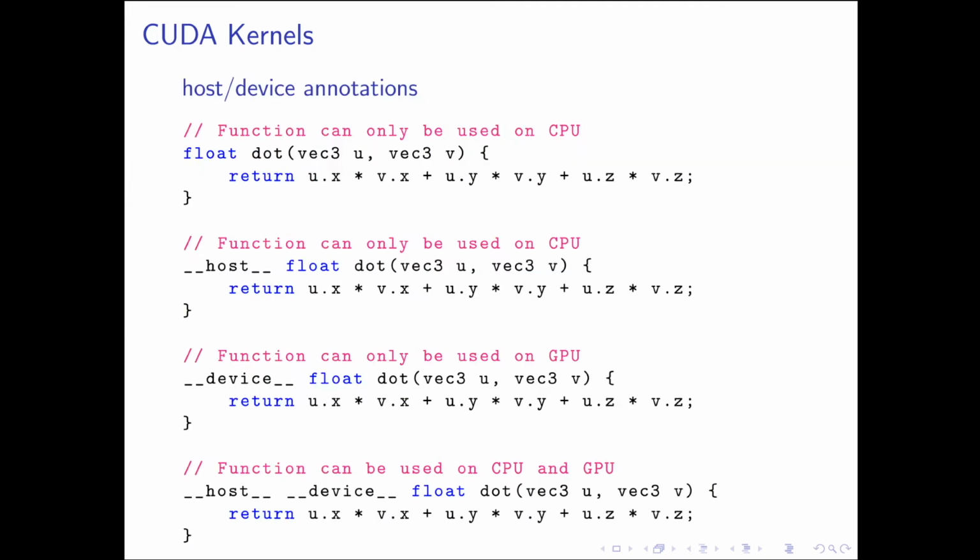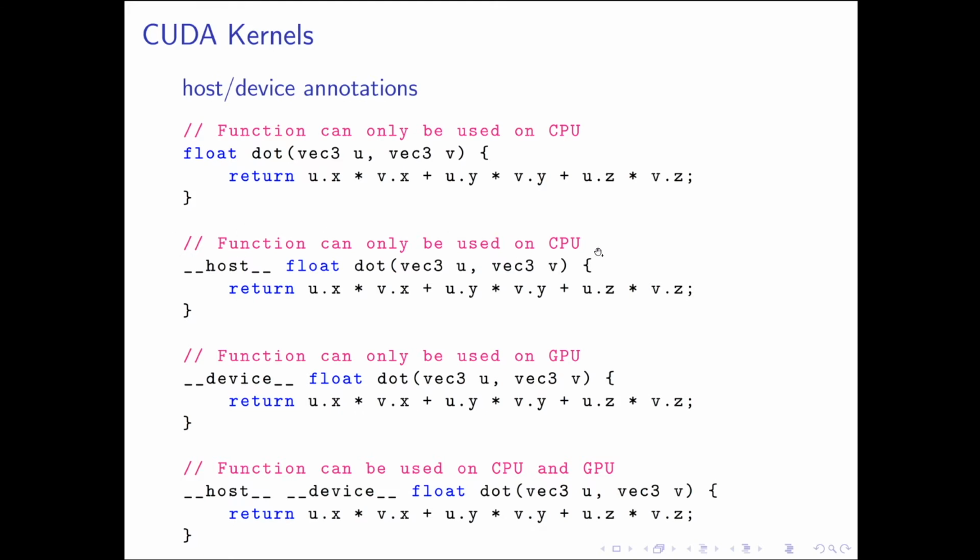As said, there are annotations that allow me to tell CUDA if a function is compiled for the host, for the device, or for both. Just to be explicit about this, here are four tiny functions, and all of them compute a vector dot product. The first function is a host-only function, only compiled for the host.